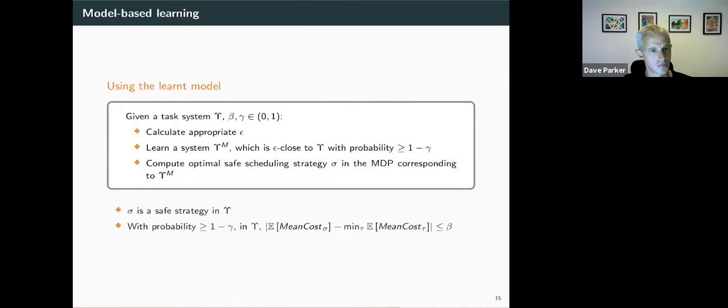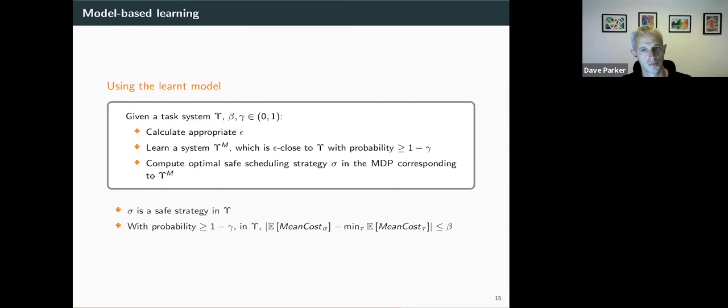Once we have learned the model, we can compute a safe near optimal scheduling strategy. Given beta and gamma, we calculate an appropriate epsilon, which would be a function of beta, gamma and the minimum probability in the system. Then we learn an epsilon-close system with high probability. Suppose we compute the optimal safe scheduling strategy sigma from the learned system.